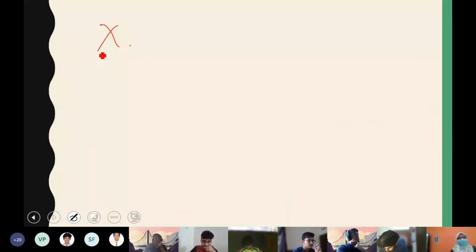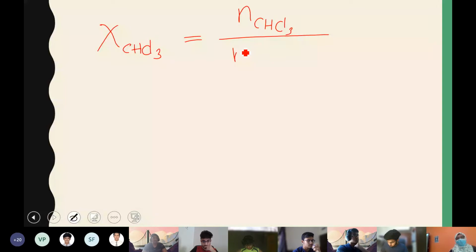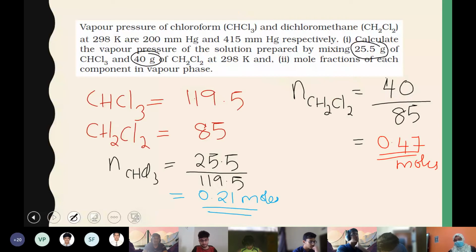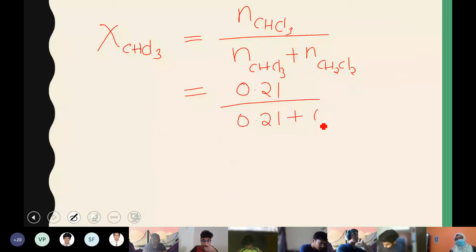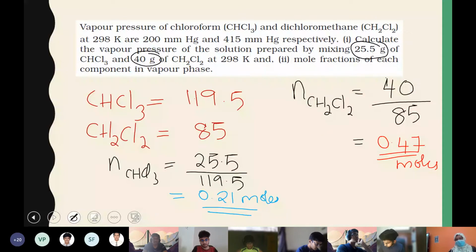Calculating the mole fraction for chloroform: number of moles of chloroform divided by number of moles of chloroform plus number of moles of dichloromethane. So here, the number of moles of chloroform was 0.21, divided by 0.21 plus 0.47.